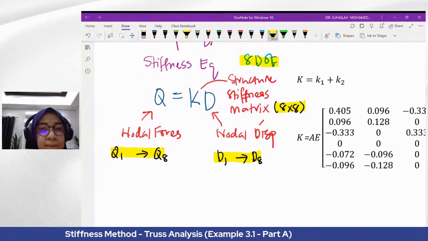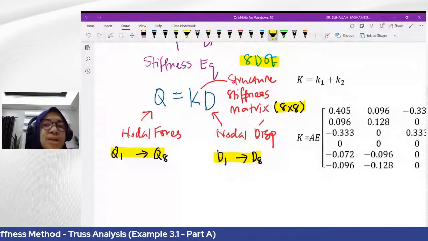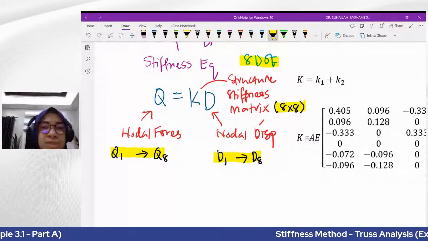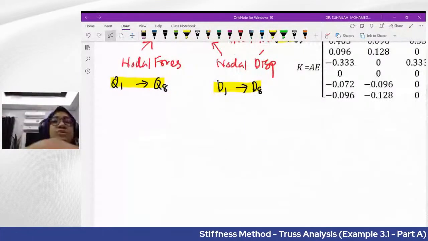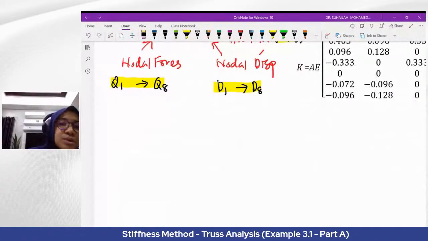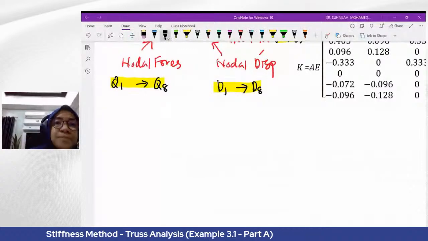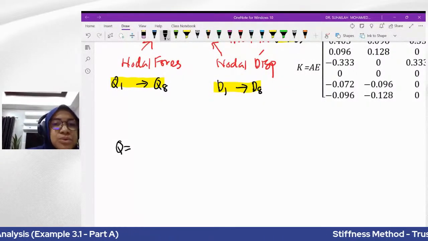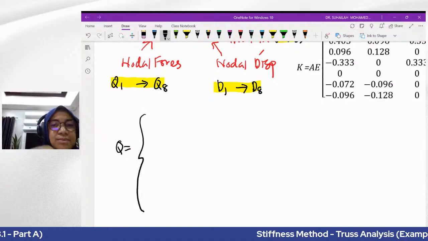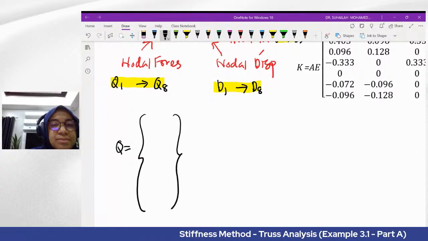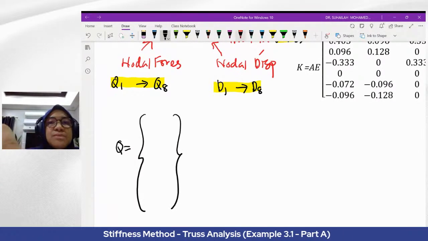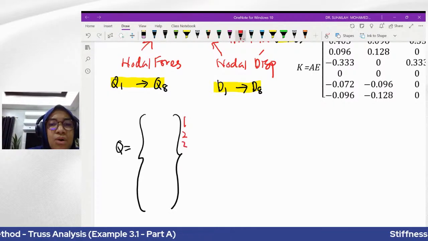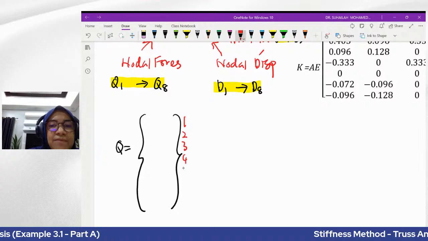Both should be written in matrix form, with positions 1, 2, 3, 4, 5, 6, 7, 8.